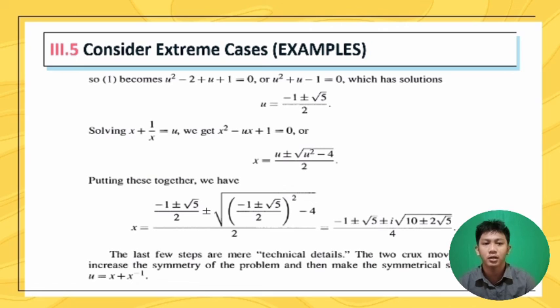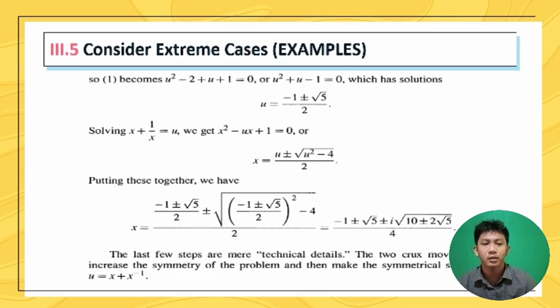we can get x squared minus ux plus 1 is equal to 0, or we can say x is equal to u plus or minus square root of u squared minus 4, over 2. If we put this together, we can have x is equal to negative 1 plus or minus square root of 5 over 2, plus or minus square root of the quantity negative 1 plus or minus square root of 5 over 2 squared minus 4, over 2.